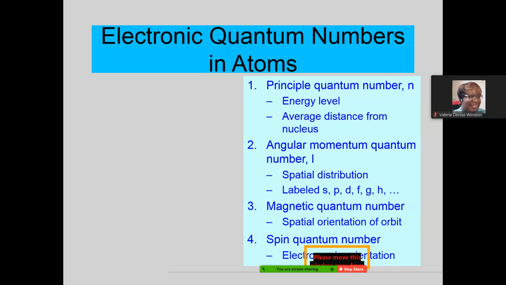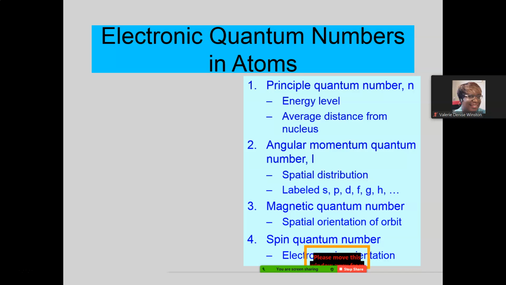Now these are labeled not with numbers like 1, 2, 3, 4 like N is, but with letters. Okay, and actually I said that wrong. That one that I showed you before on the previous page, that's an S quantum number, angular momentum quantum number, L equal S. Okay, that sounds sort of nuts that you're using one letter equal to another, but the angular momentum quantum number for that spherical shell is S.